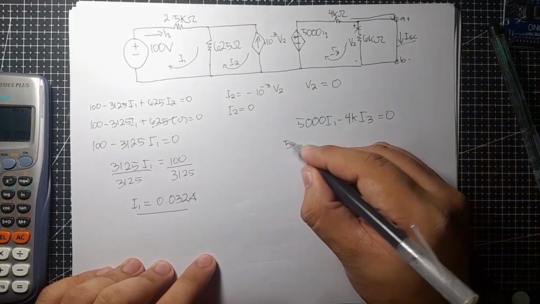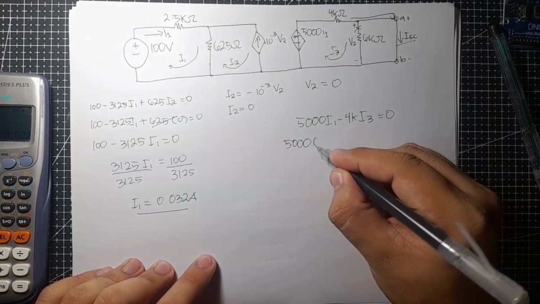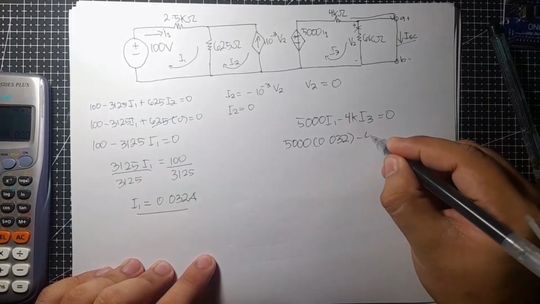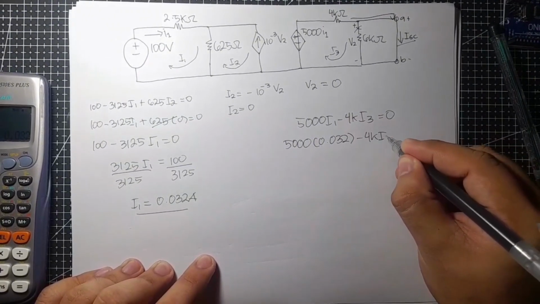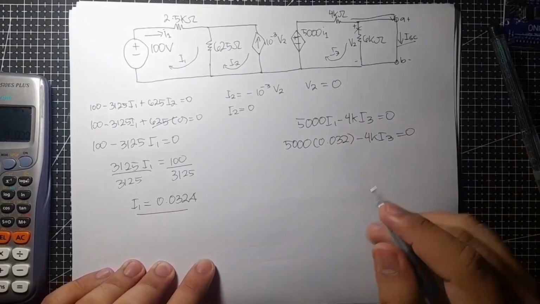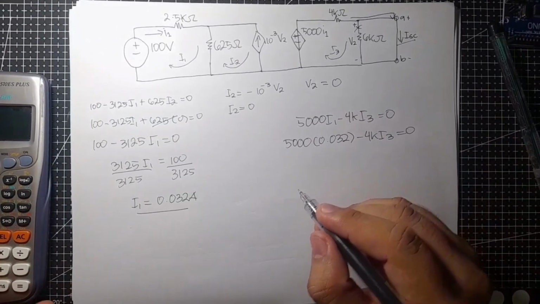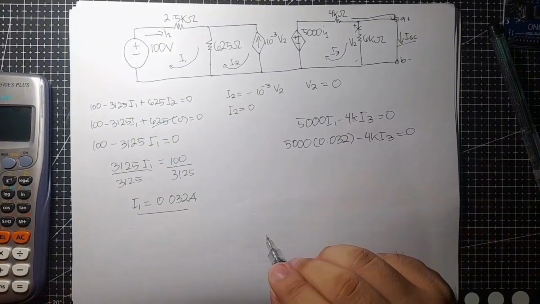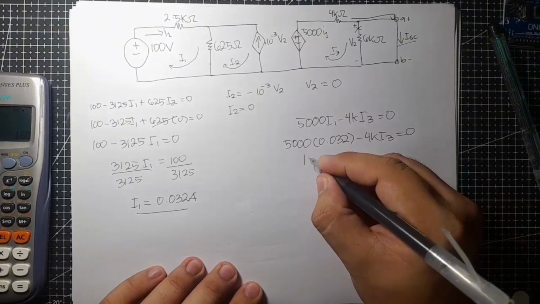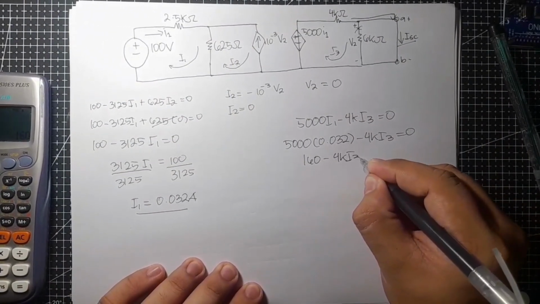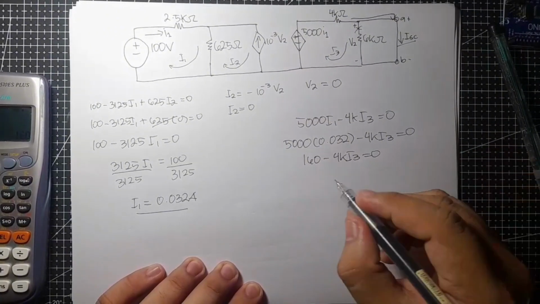So 5000 times 0.032 equal to 160, minus 4K I3 is equal to 0.